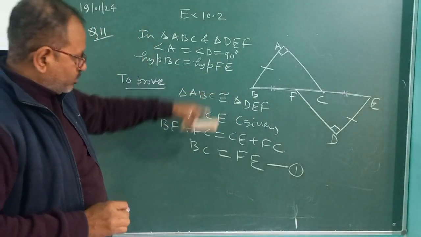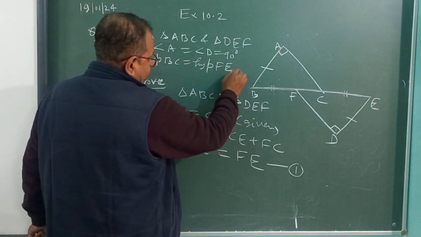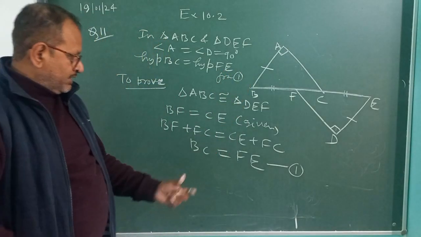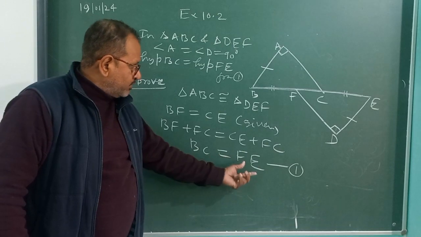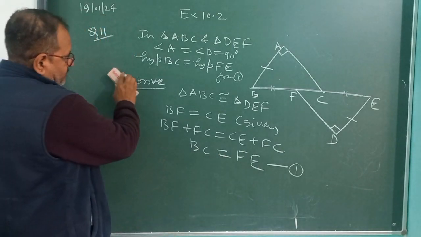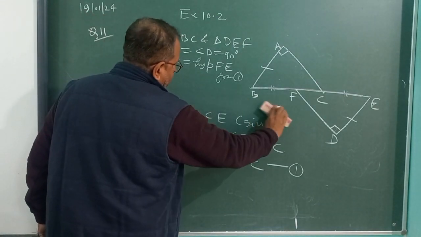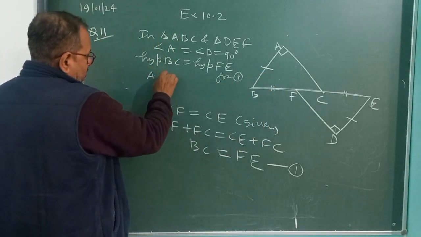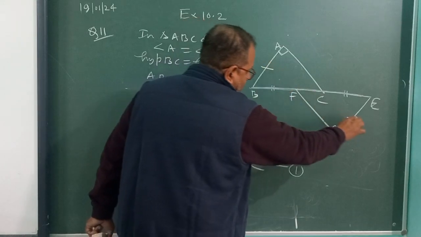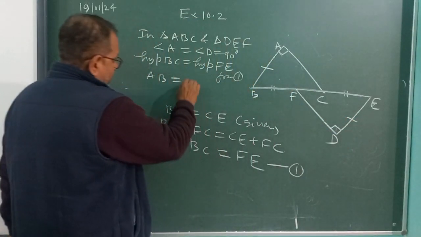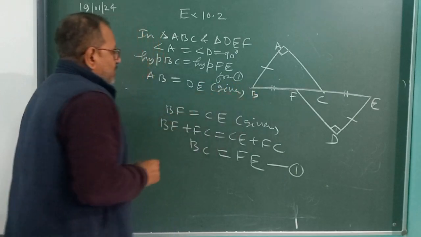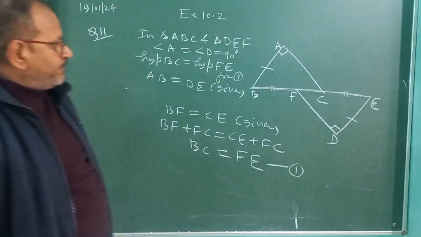So BC is equal to FE from first. Here we have proved that BC is equal to FE. And one side AB is given equal to DE. AB is equal to DE.